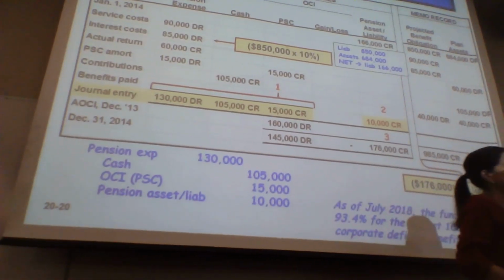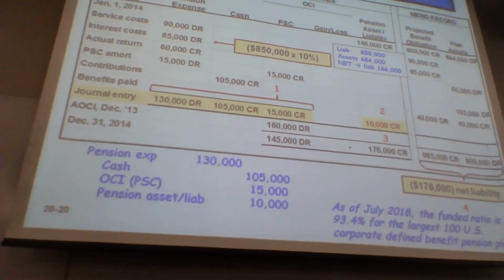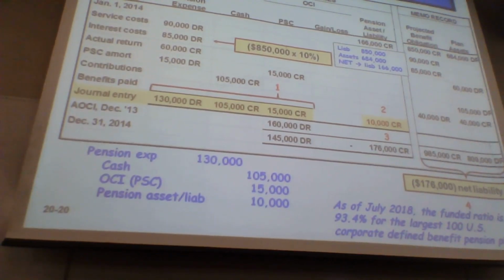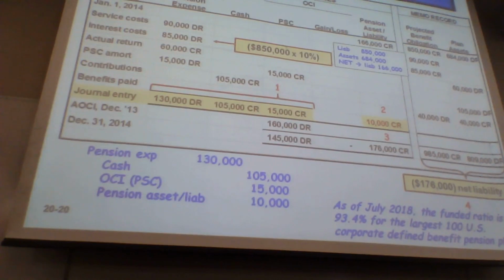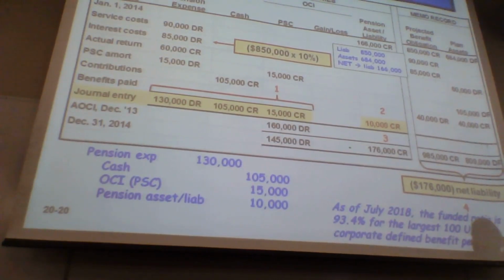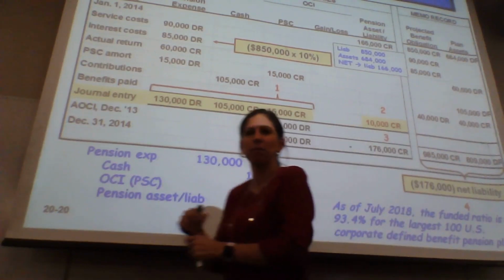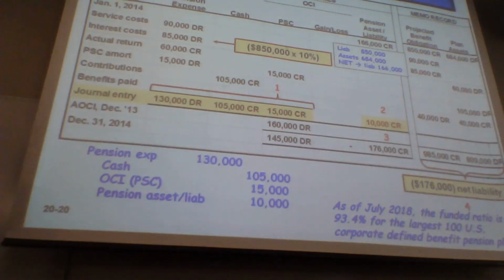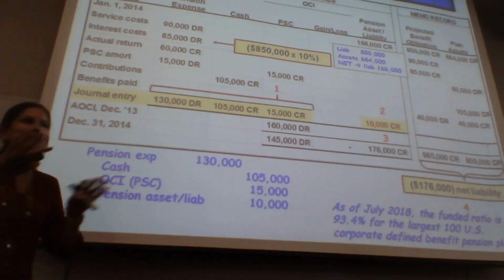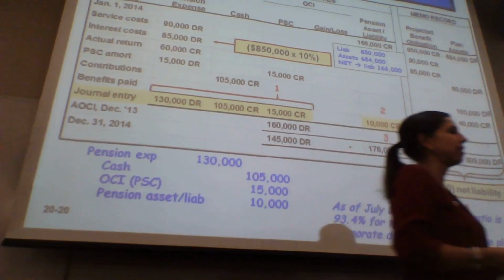Okay, so, a little tidbit. As of July 2018, the funded ratio is 93.4% for the largest 100 U.S. corporate defined benefit pension plans, which seems super high. And I should probably look, it's in my notes where I got that from. But it was probably much different during the Great Recession, 2008, 2009, 2010 time, when companies were having a very difficult time funding their pensions.